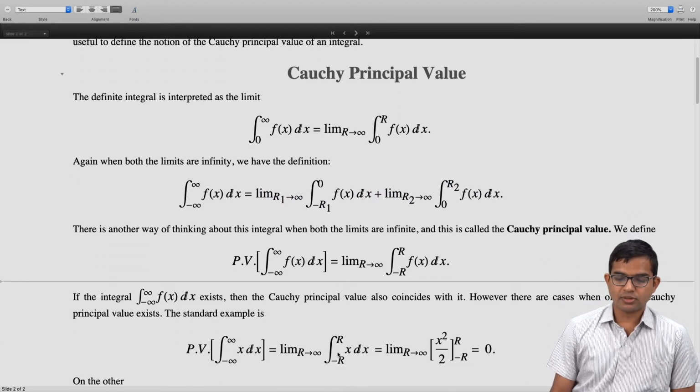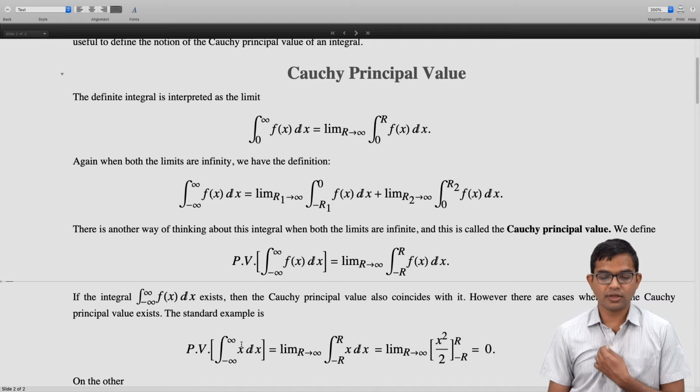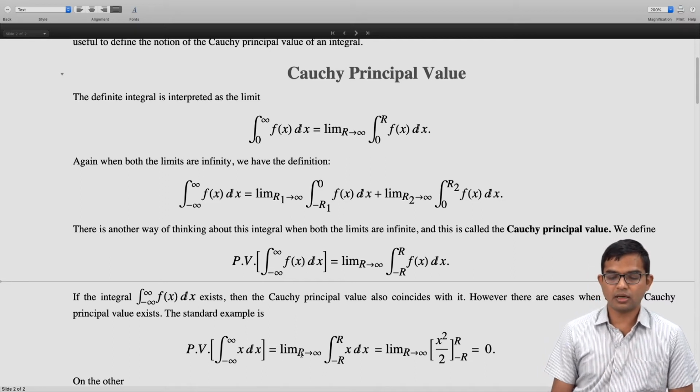The standard example is to consider just x dx, going from minus infinity to plus infinity. So the principal value is simply the limit as r tends to infinity of the integral from minus r to plus r of x dx, which is x squared by 2 from minus r to plus r, and r squared minus r squared is basically 0. So no matter how large r is, this quantity is 0, the principal value is 0.